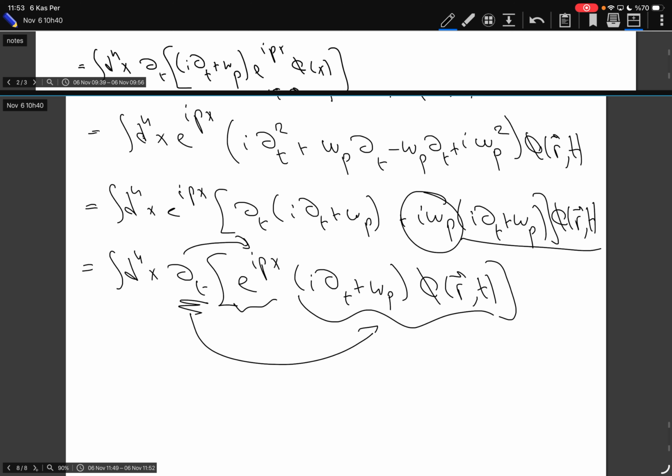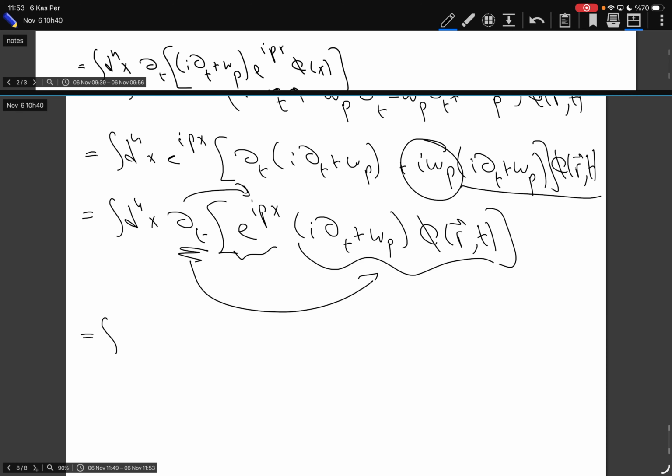So now the trick is already over here. You see, I have a d^4x integral. There's an integral over t over there. So if I integrate over the t, I will get whatever that space integral is at t equals plus infinity and at t equals minus infinity. I'm almost done.